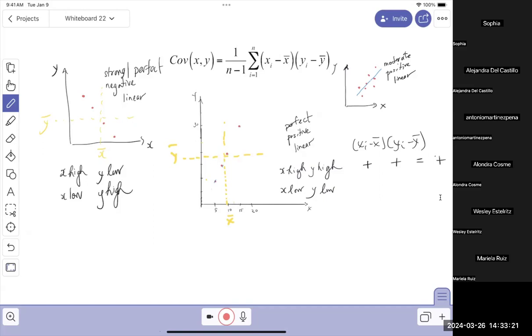What if x is below x bar? What will this factor be, positive or negative? Negative, Diego tells us. And then if y is below y bar, what will this factor be? Carlos tells us negative. What's a negative times a negative?